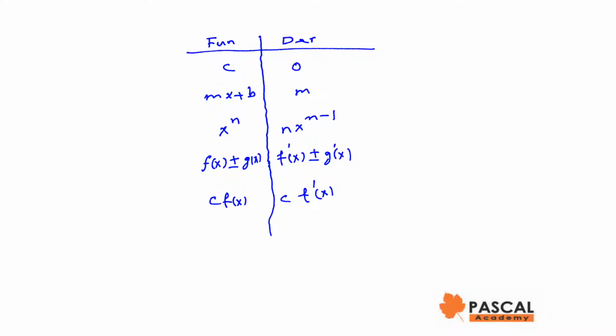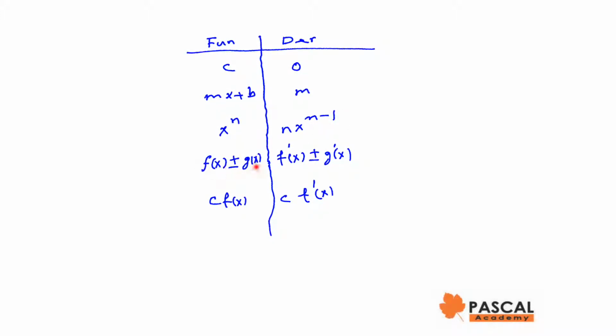What we've done so far can be summarized in this table. The derivative of a constant function is 0. The derivative of a linear function is the slope of the function, and the derivative of x to the power of n is n times x to the power of n minus 1.